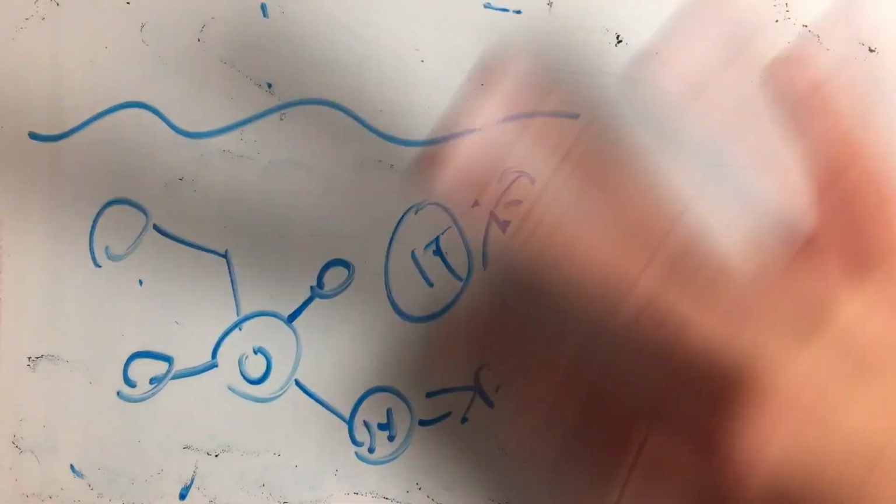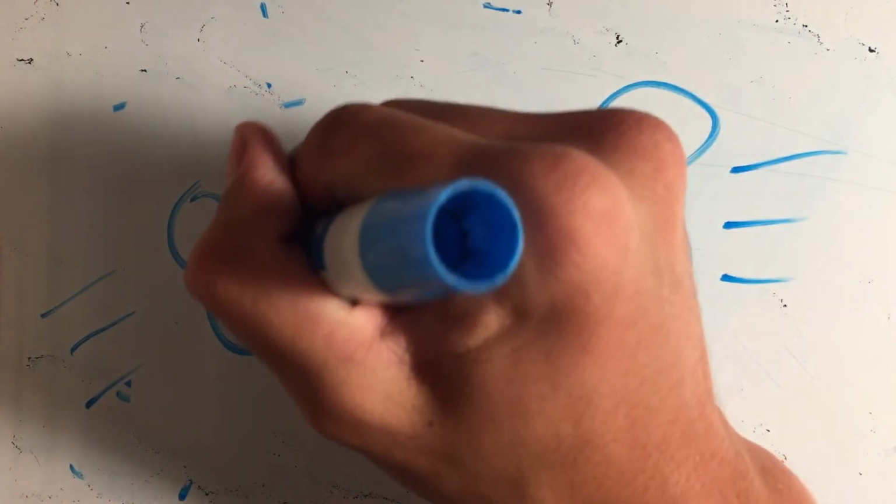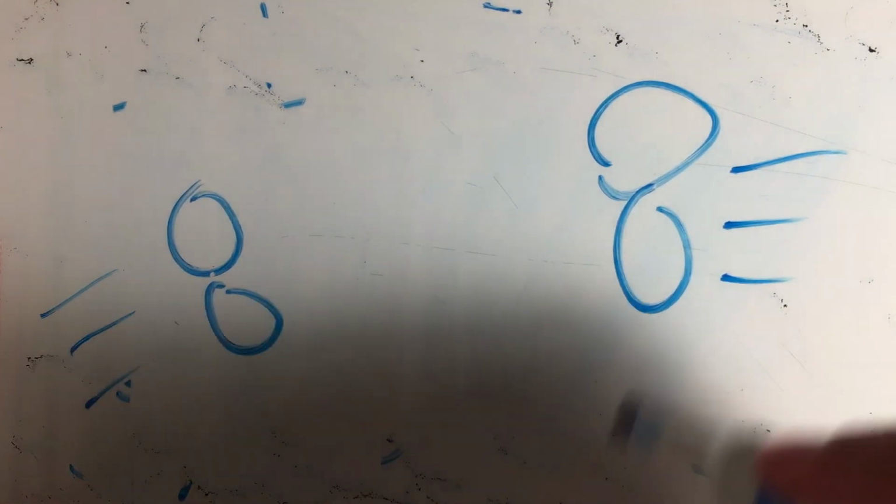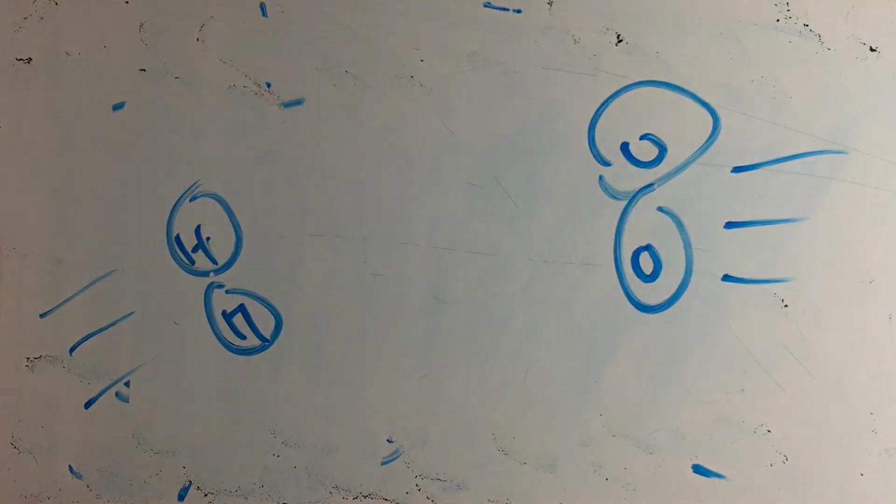Now, to have proper kinetic energy, this one's a bit easier to understand. You just need to have enough strength in your reaction to break the bonds, the intramolecular forces inside each molecule. So we can picture hydrogen and oxygen in a container reacting to form water.